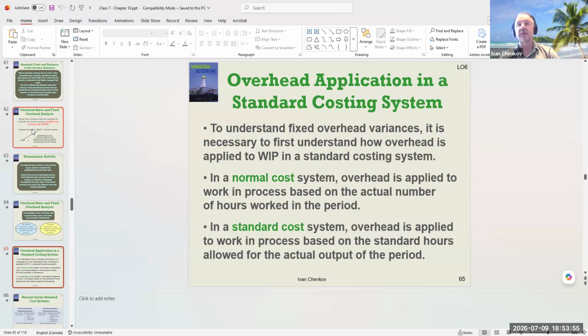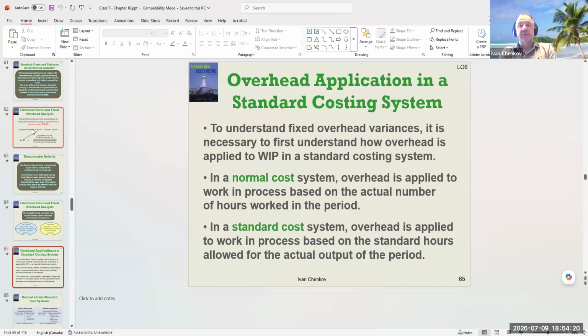One option is the normal costing system. Now you're going to say, oh my God, that's become too complex. Yes, it is. In reality, it is complex. So let's see what the normal costing system will represent. Under this system, we're going to have normal costing, and then we're going to have the standard costing system.